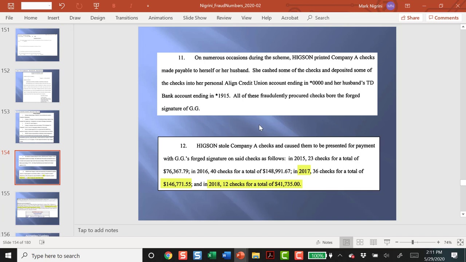while she was working as the part-time bookkeeper for the one company, and while she got sentenced in 2017, she was also the part-time bookkeeper for another company. And from that company, the fraud in 2017 amounted to $146,000. And in 2018, after the prison sentence, even some more.